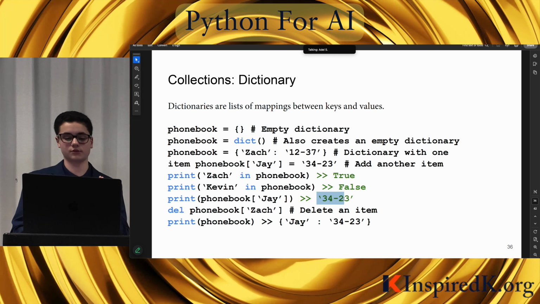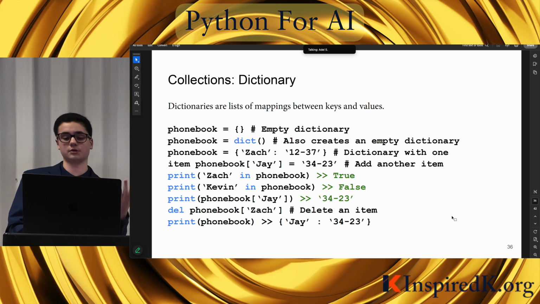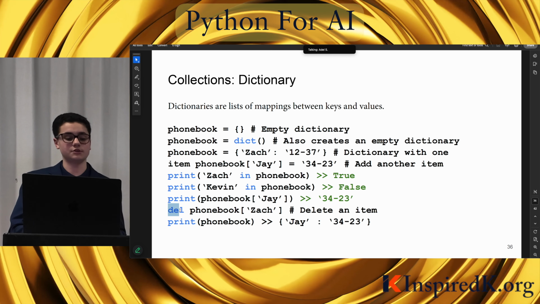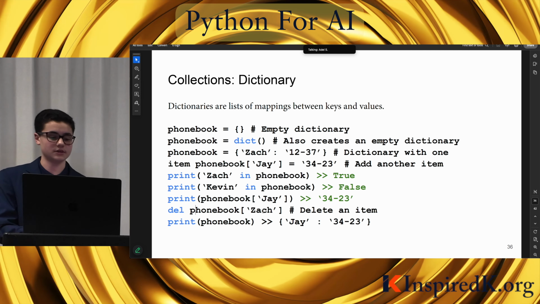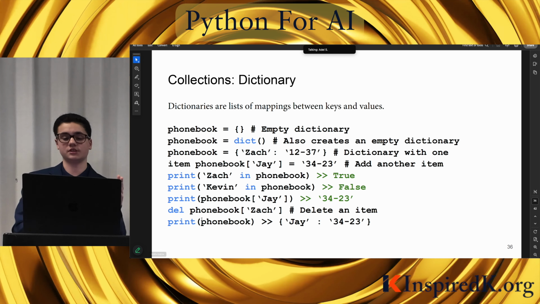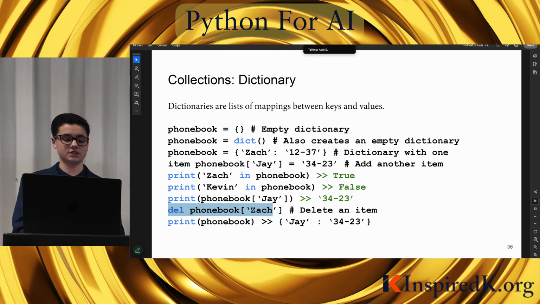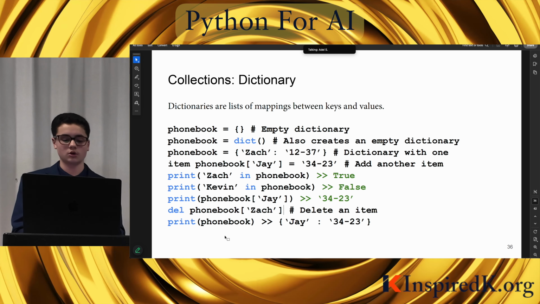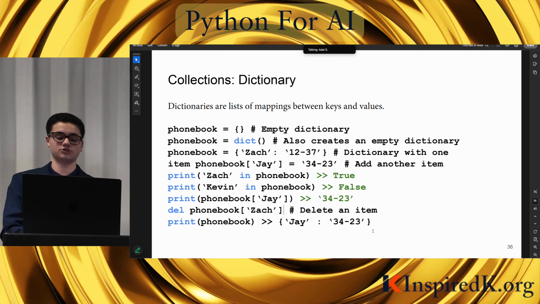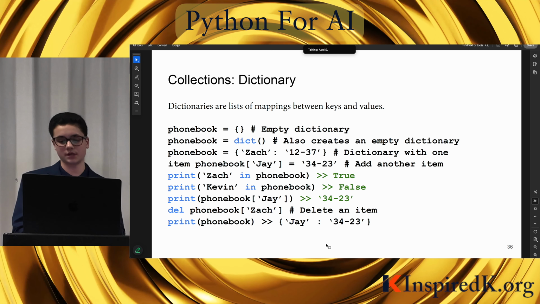This returns the value of 34-23, as this is the corresponding value for our key. To delete an item, we can use the del keyword along with the given key for the key value pair we want to delete. So if we want to delete Zach and his phone number, we can use del phone book Zach, which will leave us with the final phone book of J and the phone number 34-23, the only key value pair.